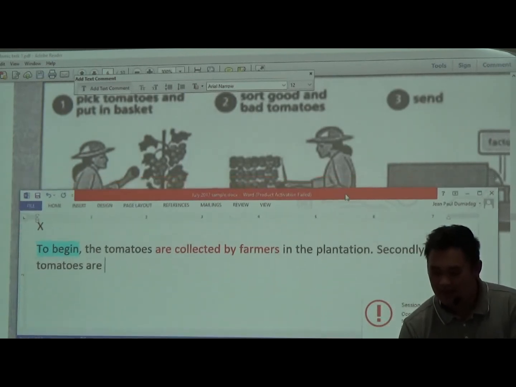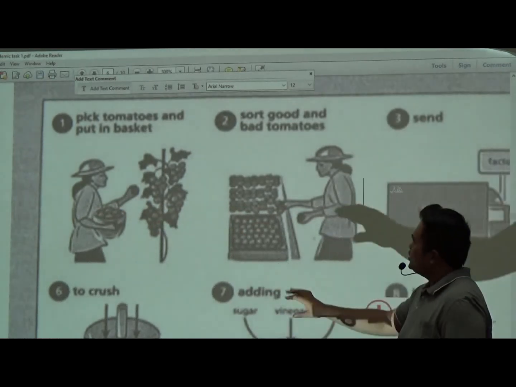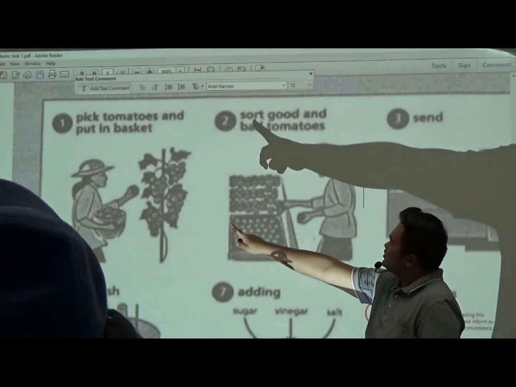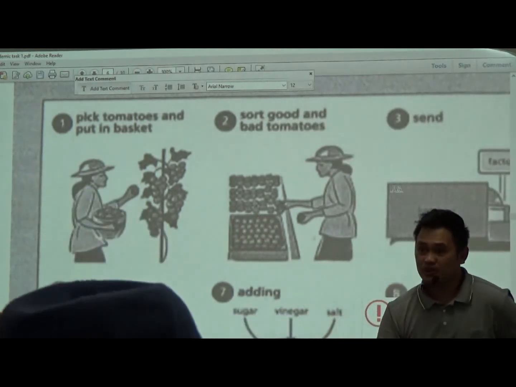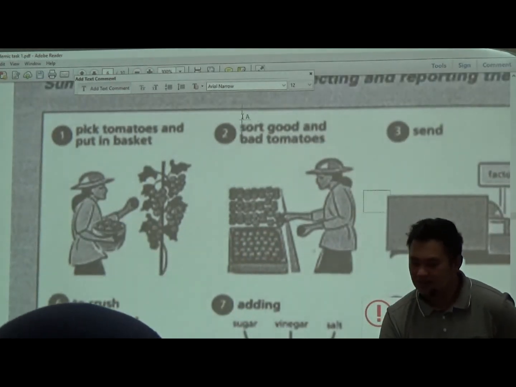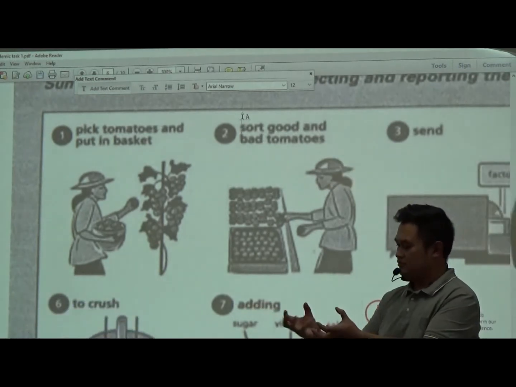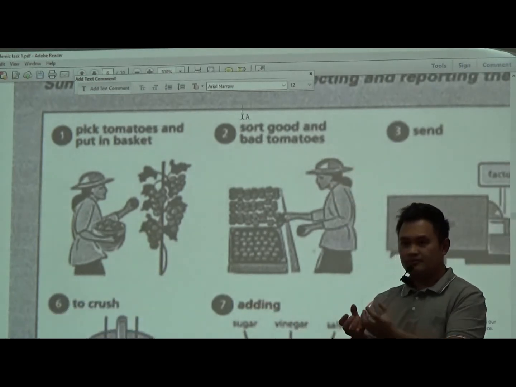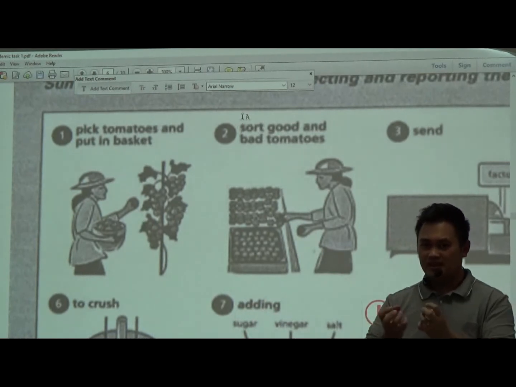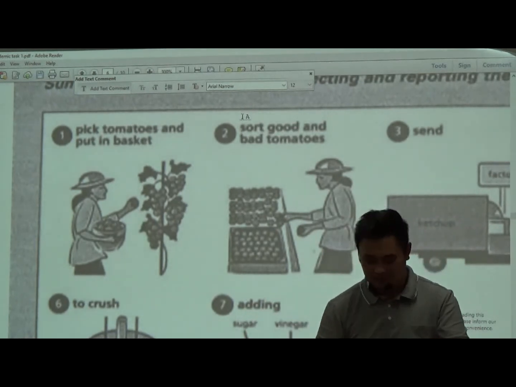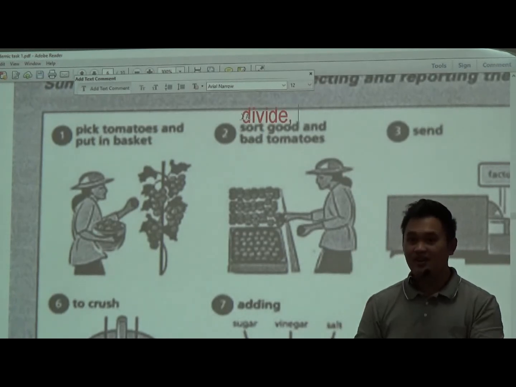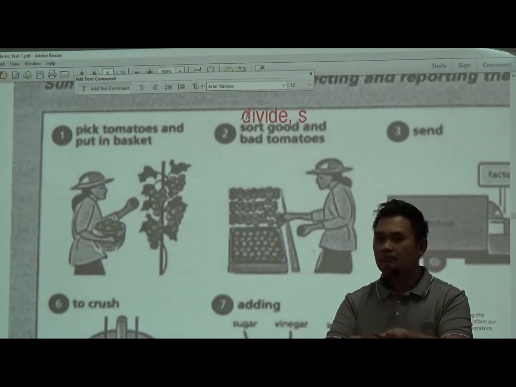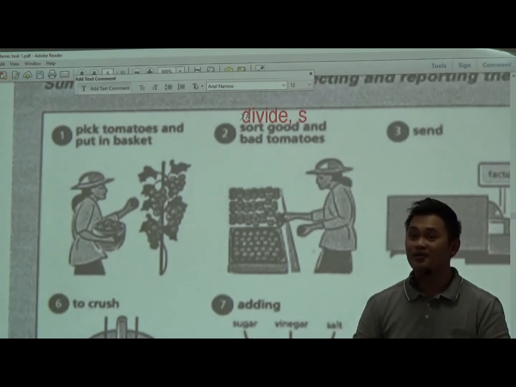Now, what's happening in the picture? Let's study the picture. What is this woman doing? She's sorting good and bad tomatoes. So sort. What does sort mean? Decide. When you sort something, right, you divide. What else? You start with letter S. Separate.